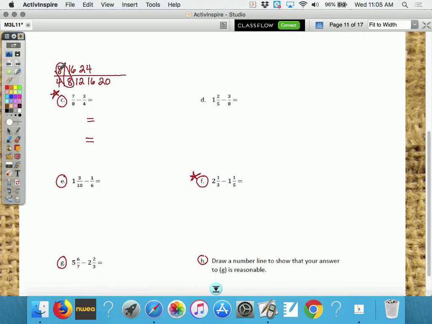So when you choose a different number for your common denominator, you have to be careful. It's not just switch the 8 and 4 around inside the parentheses. So we're choosing 8. So I'll write 7/8 and 3/4.